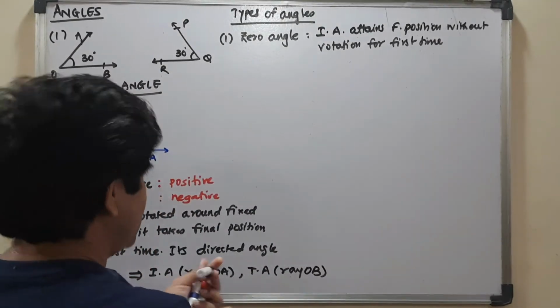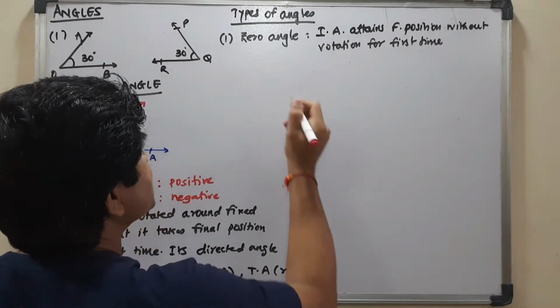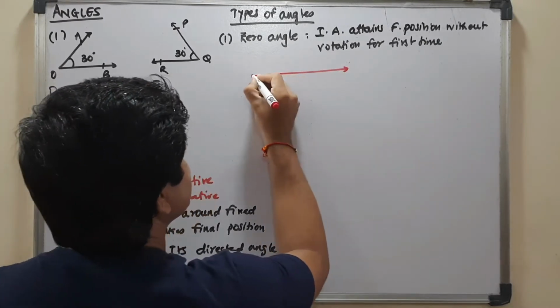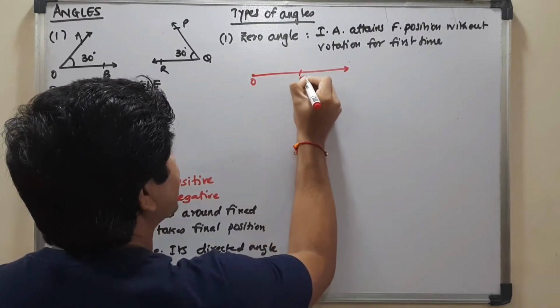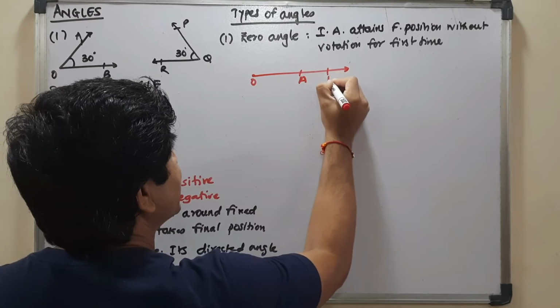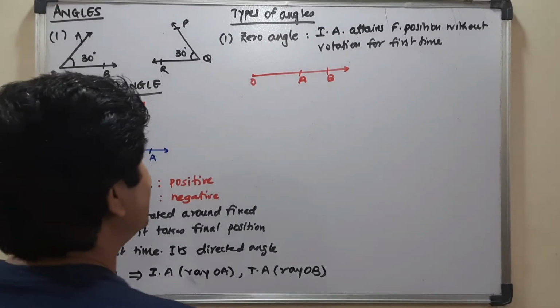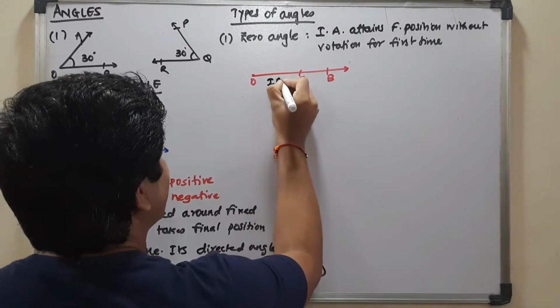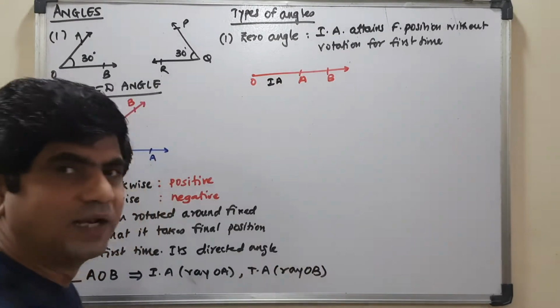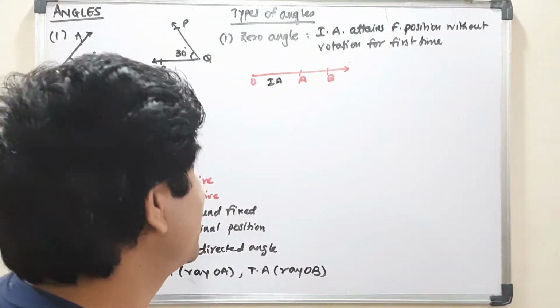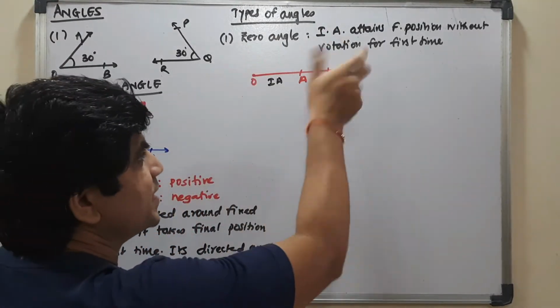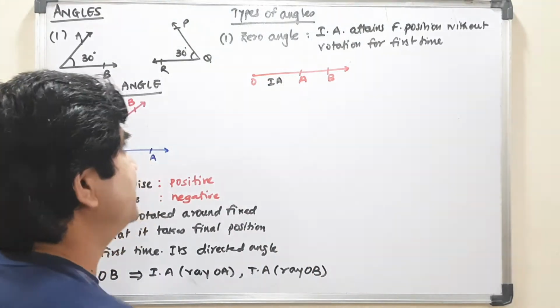That means somewhat like this. This is your initial arm OA, and that same position you get here as B. So this is your initial arm and this is your terminal arm, the final arm. So without rotation, that same position is obtained for the terminal arm.